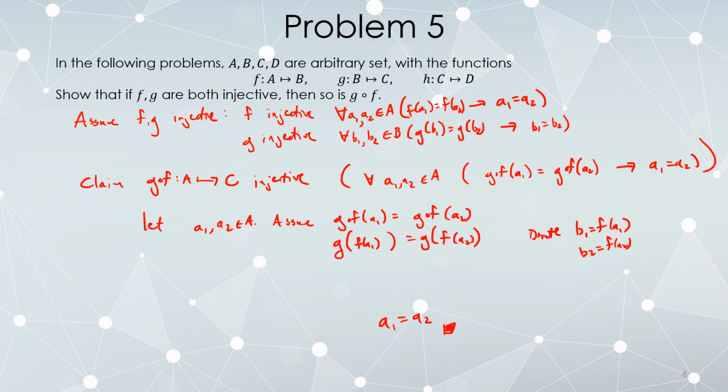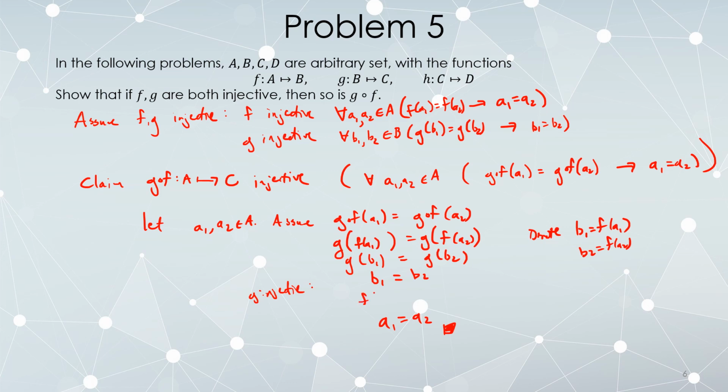So then back here, what we have is that g of B1 is equal to g of B2, but we know that g is injective. So if g of B1 equals g of B2, I can automatically conclude, via modus ponens, that B1 equals B2. So since g is injective, B1 must equal B2.